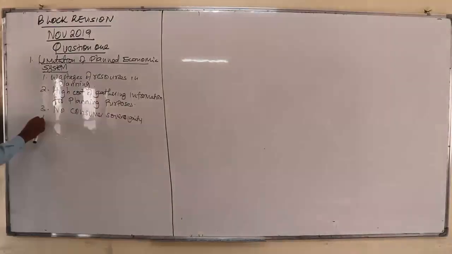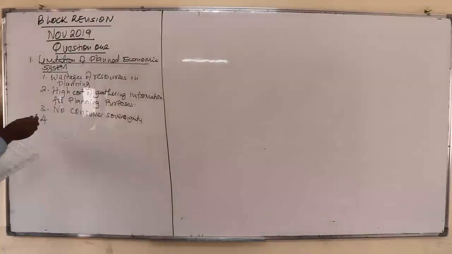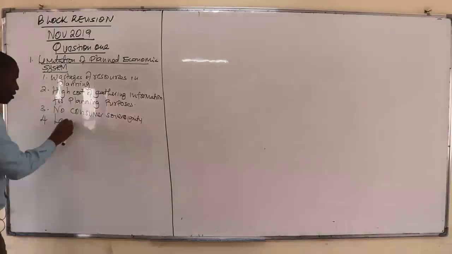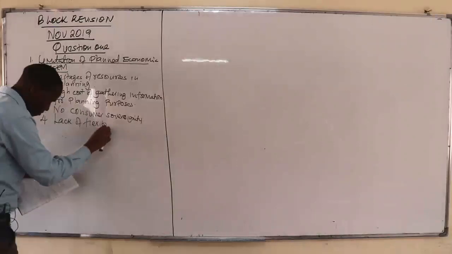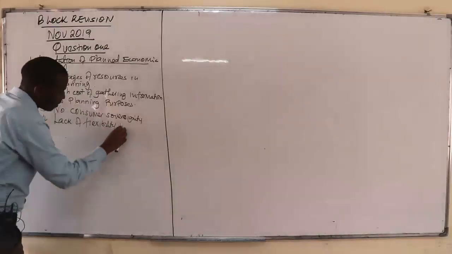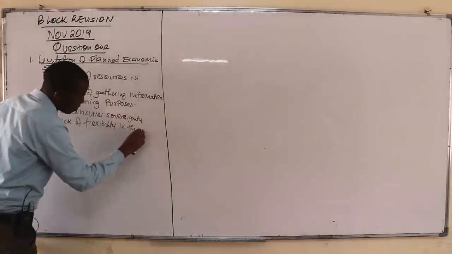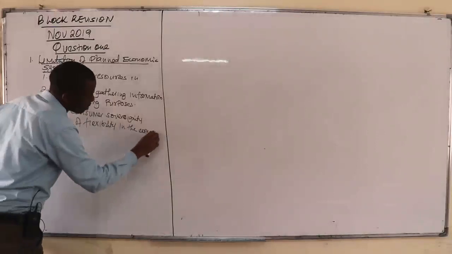Number 4, you may also talk of lack of flexibility in the economy. We mean in this case that since the prices will be fixed by the state, there is no flexibility. If they set some prices, they are going to be rigid.